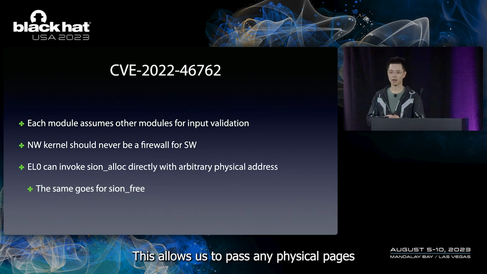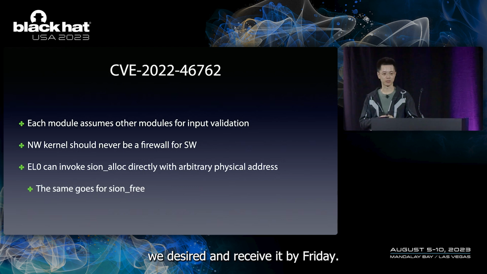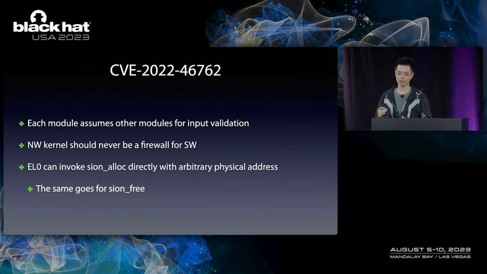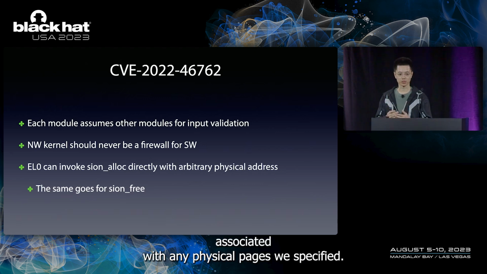This allows us to pass any physical pages we desire and receive a buffer ID. The issue here is not with the secure switch of the page state itself, but rather with the fact that the buffer ID can become associated with any physical pages we specified.